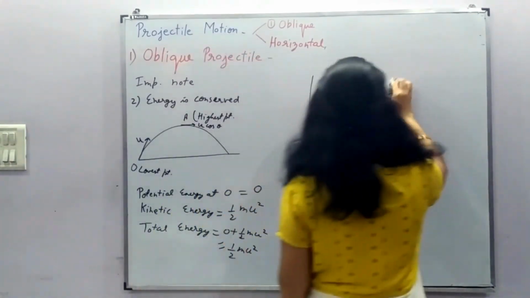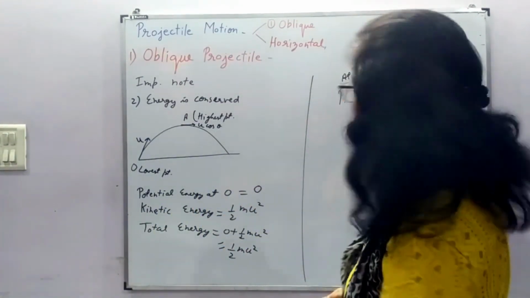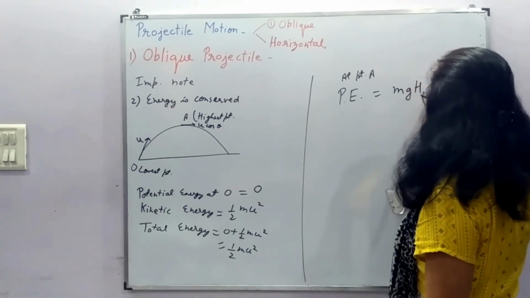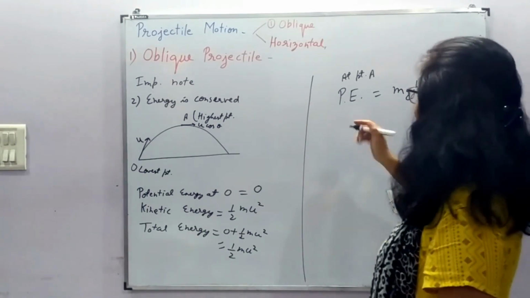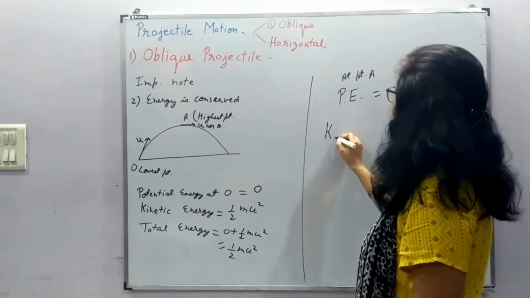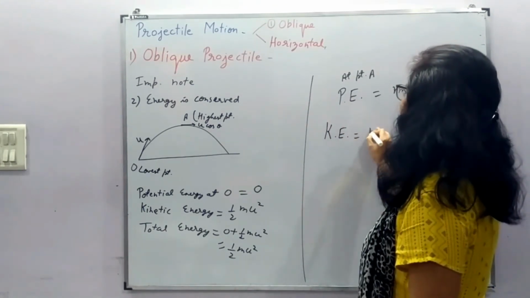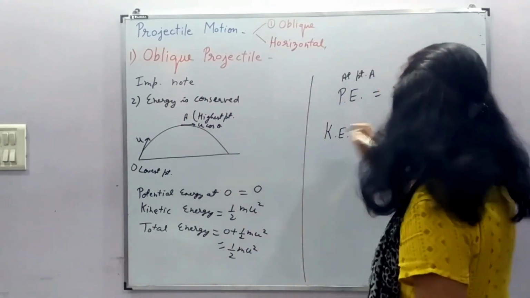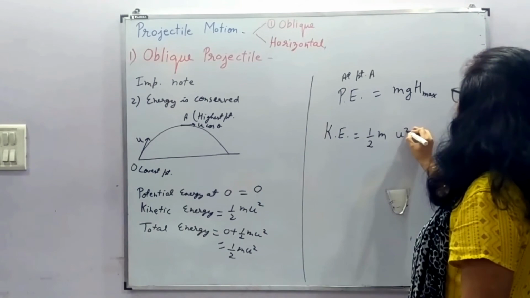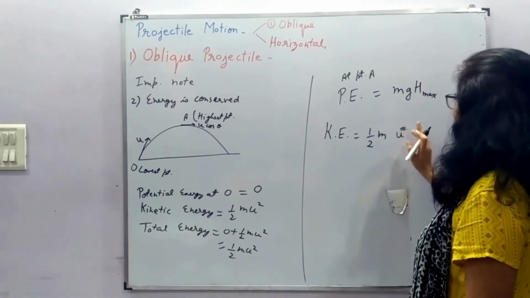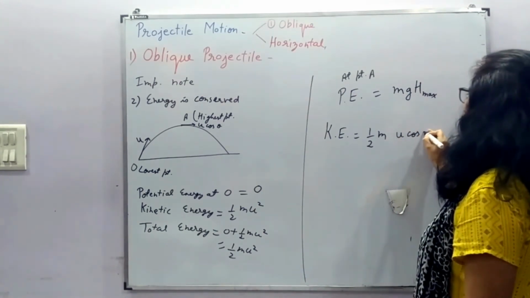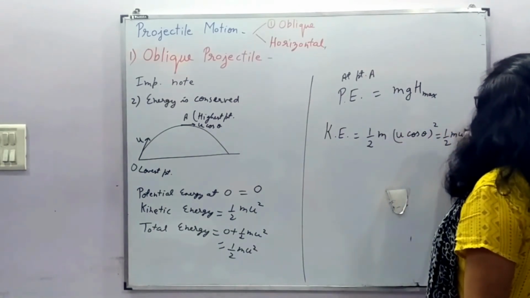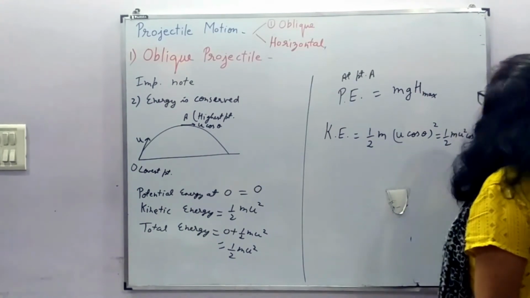Sorry here. Potential energy is mgh. So I have to write this potential energy by mgh. But if I am writing this kinetic energy, this will be half m into velocity square. So which velocity is there? This will be u square cos square theta. So I am just not skipping this step. This is u cos theta whole square, and this is half m u square cos square theta.